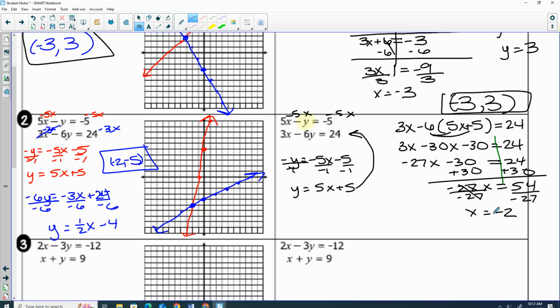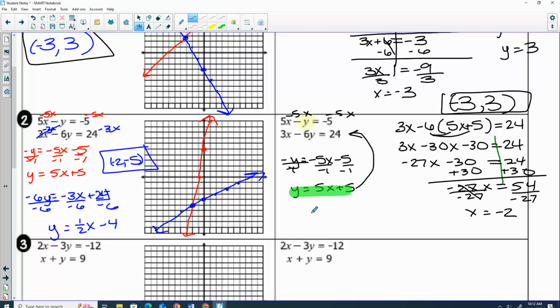Alright, once I have my x, Blair, how can I use that to find my y? We go back. We knew that y was 5x plus 5.